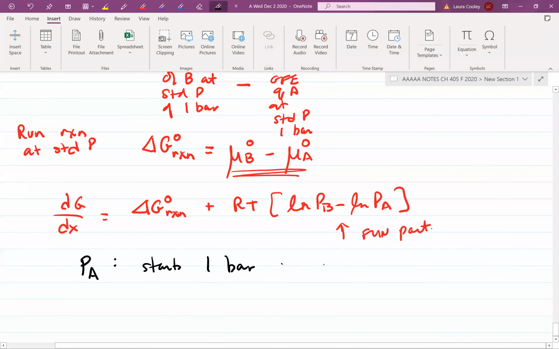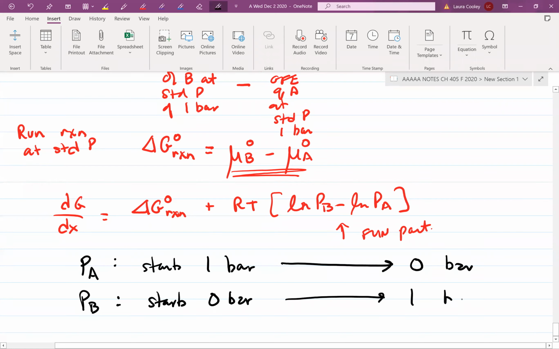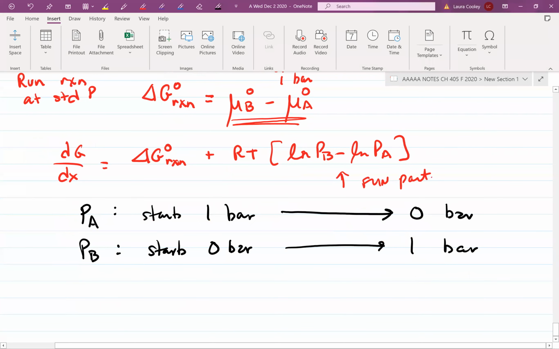That's how we want to set this up. It ends up at 0 bar if it were to go to completion. Exactly the opposite for the partial pressure of B. It starts at 0 and goes to 1 bar. While at the same time, this extent of reaction starts at 0 and goes to 1, and it's unitless.